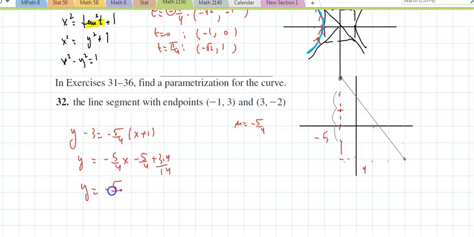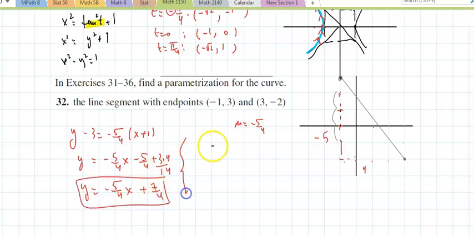Y equals negative 5 over 4 x plus 7/4. If you get the equation that way, it's very easy to write the parametric. If y is a function of t, let x equal t, and y is automatically negative 5 over 4 times this t plus 7/4. There it is, whatever that is.